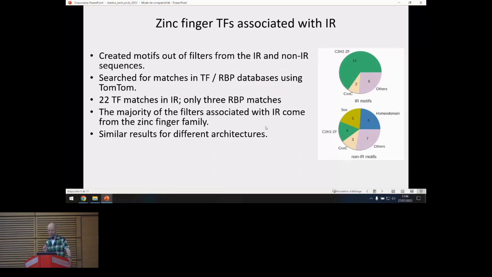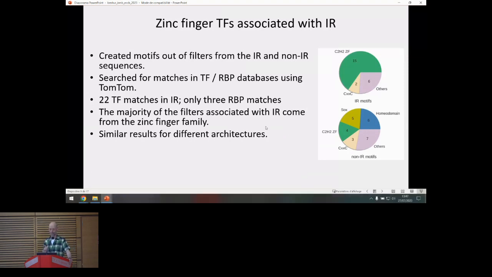Next we tried to look at what this network is learning. We did the usual thing: created motifs out of the filters and searched for matches for those filters. What was really interesting is that most of the hits for those filters were transcription factors, not RNA binding proteins.